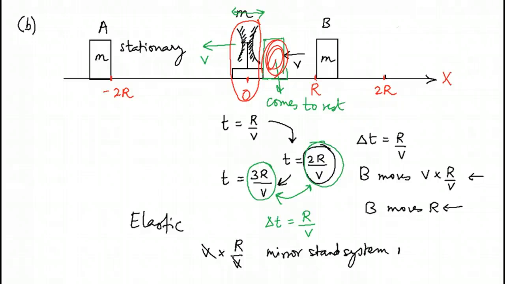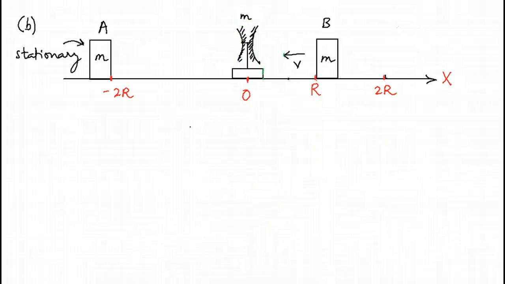It moves by a distance r towards the left, and the picture therefore at t equal to 3r by v will be as follows. So at t equal to 3r upon v, the mirror stand system will have moved leftwards by a distance of r. So that would mean that it would be located about here, and the coordinate of this point is of course equal to r.